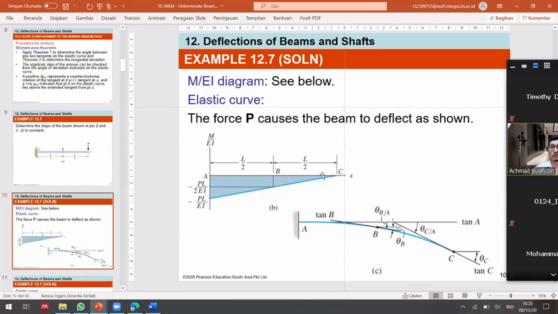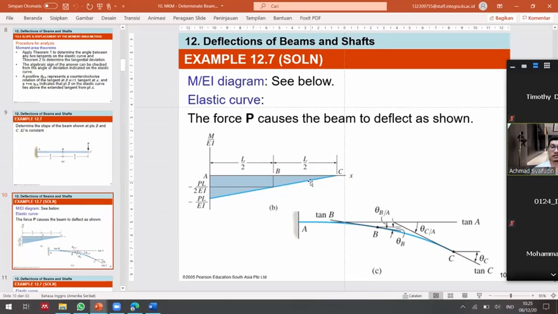After you get the M per EI diagram, this is the typical diagram for a concentrated force.